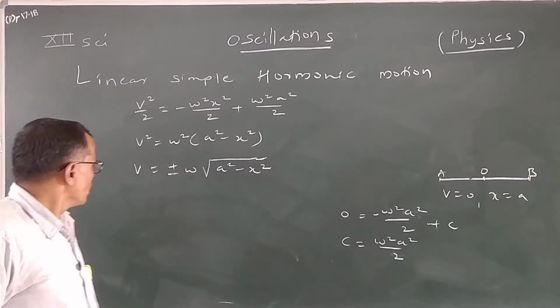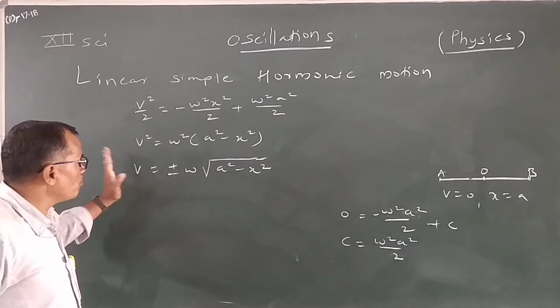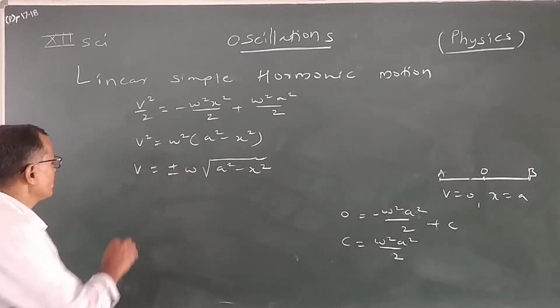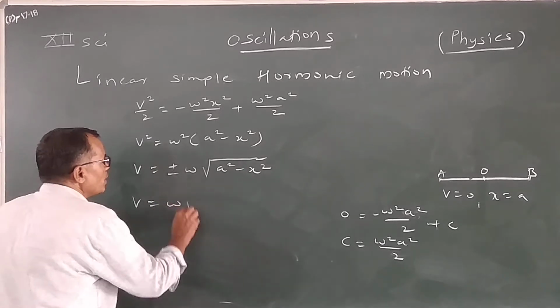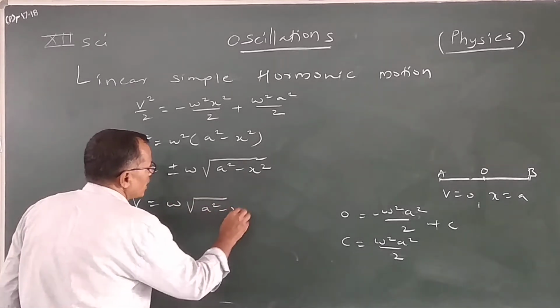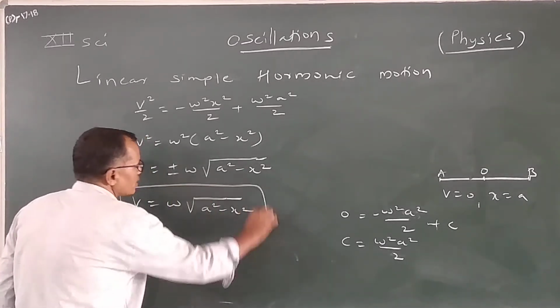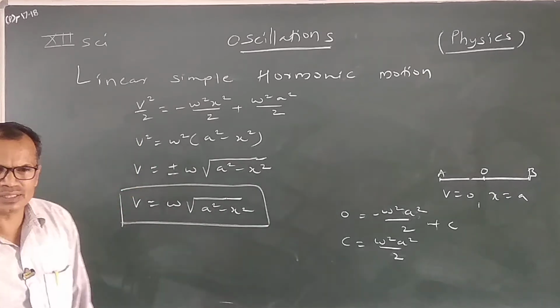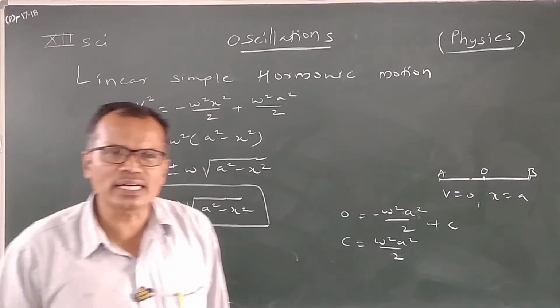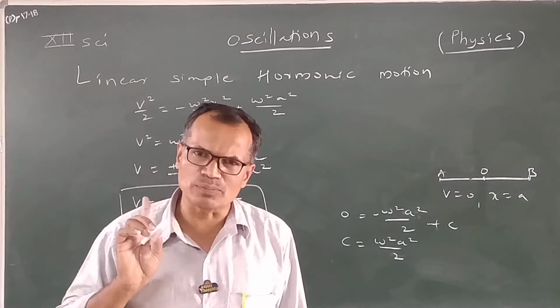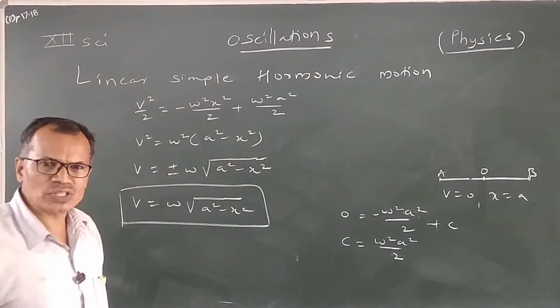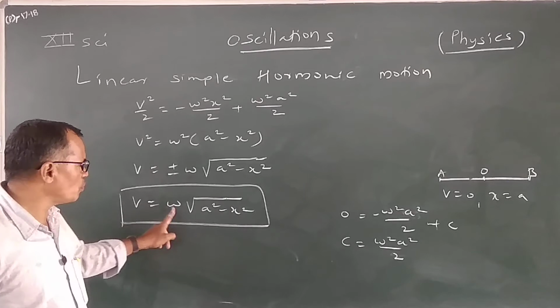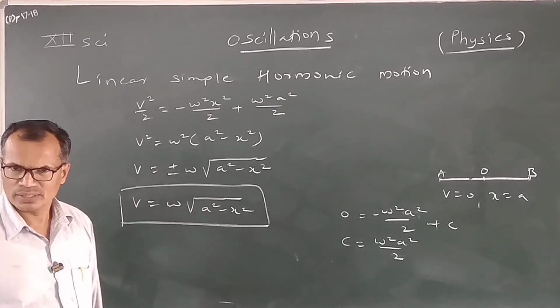Now the magnitude of the velocity is given by v is equal to omega root a square minus x square. This is called as the magnitude of velocity, or the velocity of the particle performing linear simple harmonic motion. Thus we got the equation of velocity v is equal to omega root a square minus x square.